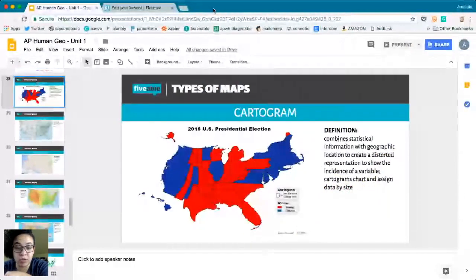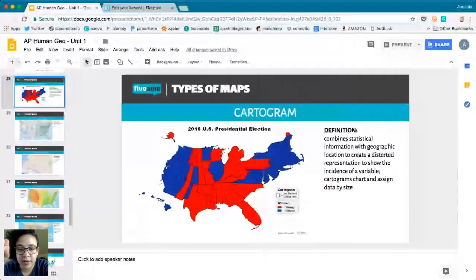This is showing you red versus blue in the states, but it's also showing you another piece of information. It's showing you how big each state is, how many electoral votes each state is actually worth, right? So you can see that Oregon, for example, is now smushed.